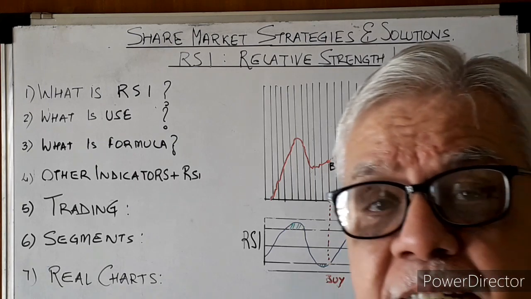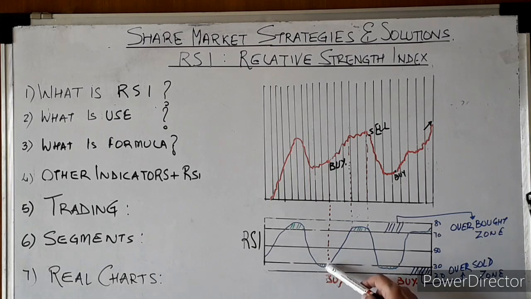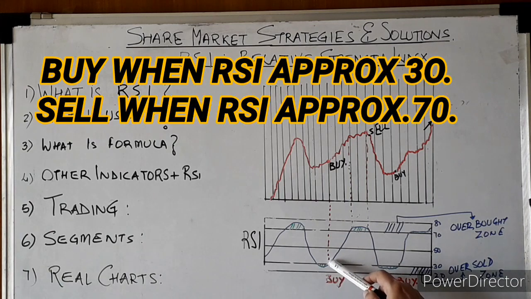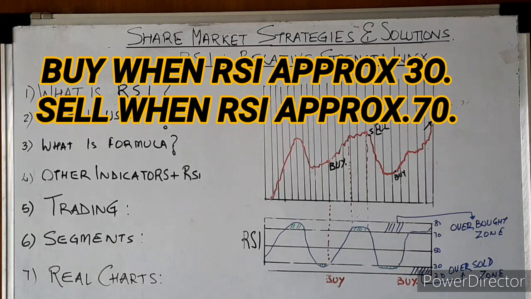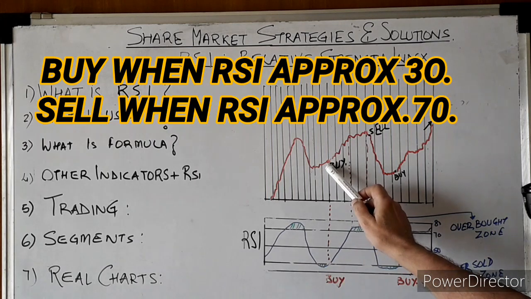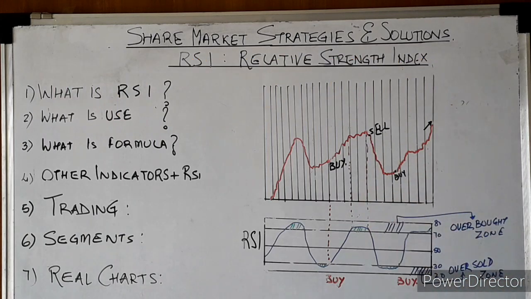Friends, we always see that whenever RSI goes below 30 and comes up again to 30 or 31, we make a buy. Similarly, when it drops just below 70, we sell. So it will give a buy signal and it will give a sell signal.